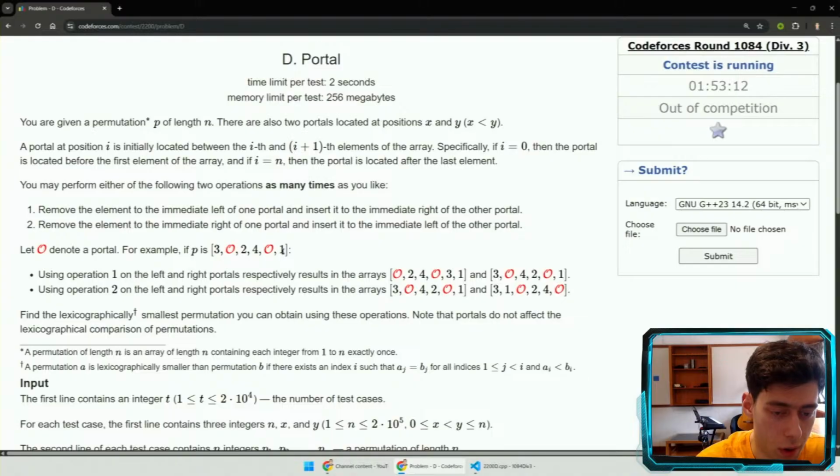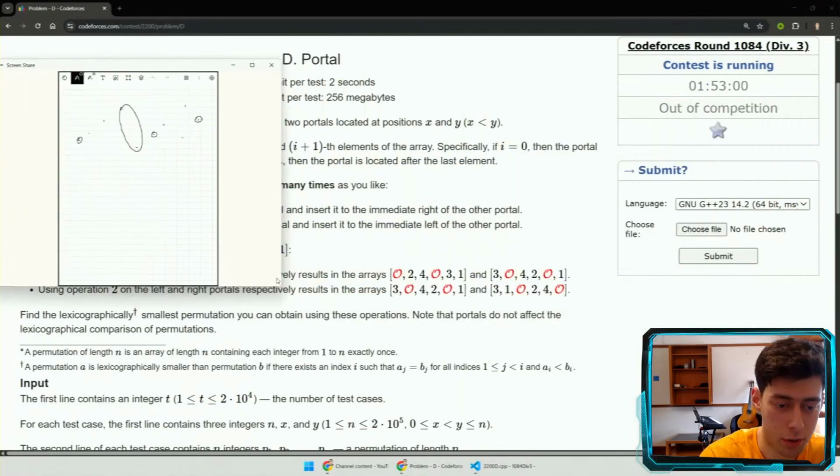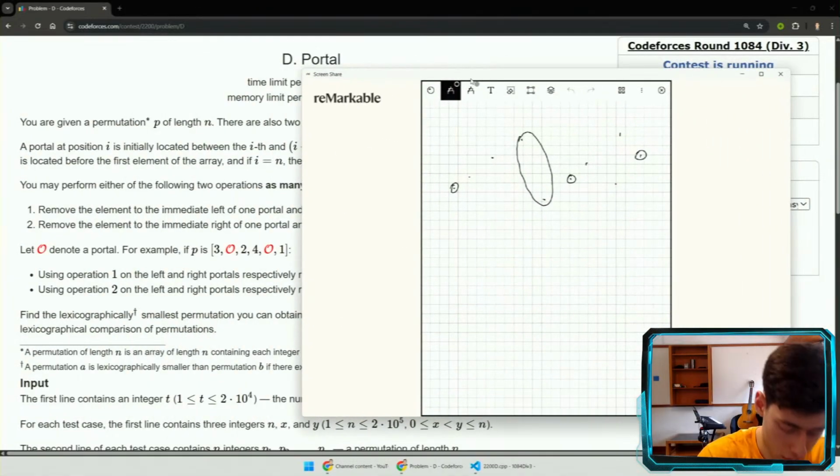Okay, so how does this work? I'm starting with like 3, portal, 2, 4, portal, 1.